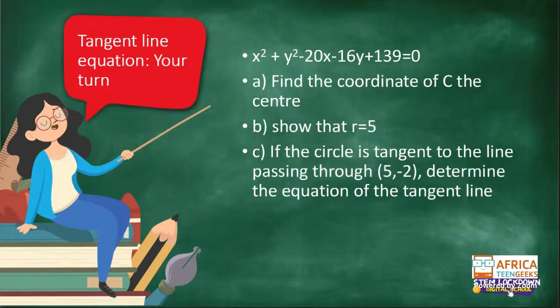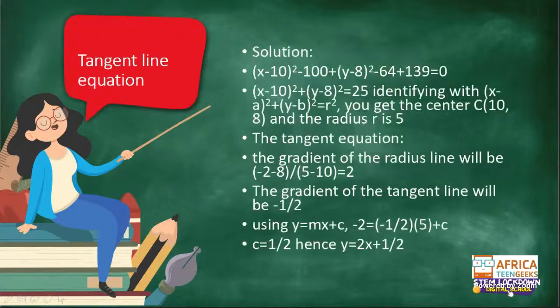All right, so we're going to look at the answer. As solution, like I said, you have to rewrite that equation in the standardized form. By so doing, you'll have (x minus 10) all squared. If you remember, you had minus 20x, so that's why we have (x minus 10) all squared.